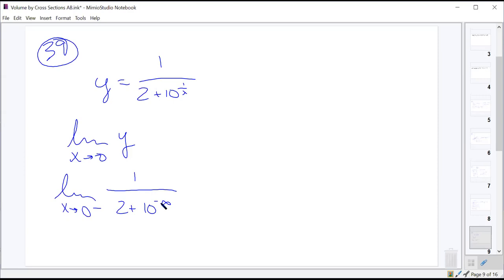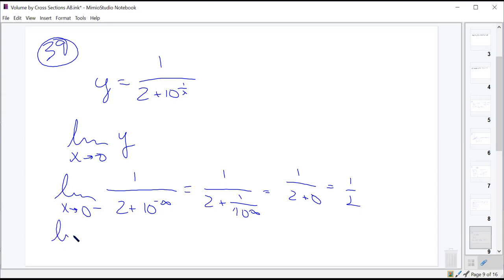And 10 to the negative infinity should be 1/2 plus 1/10 to the positive infinity, right? That's how we deal with the negative exponent. And if I have 1/10 to the infinity, that's 1 over a huge number, which is 0, right? 1 divided by something very large is 0. This becomes 1/2 plus 0, or 1/2, if we look at it from the left.